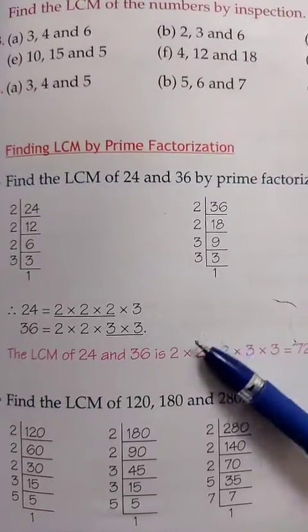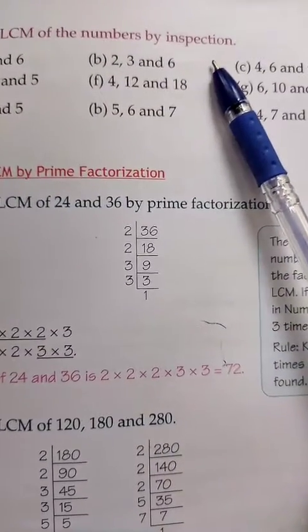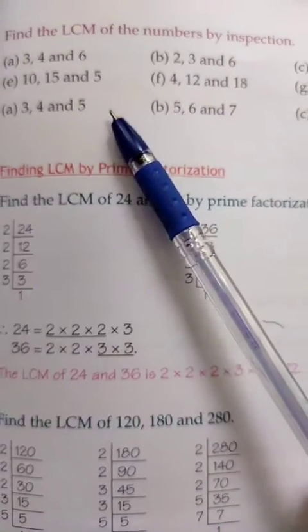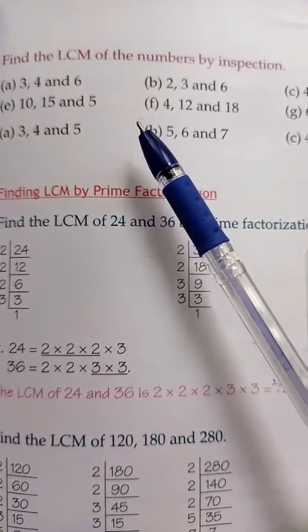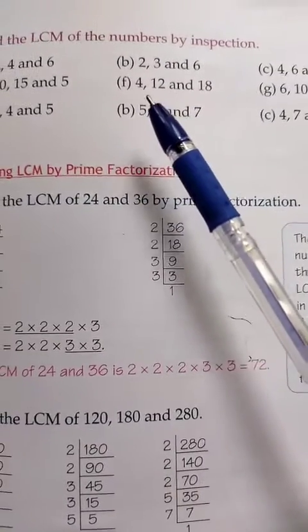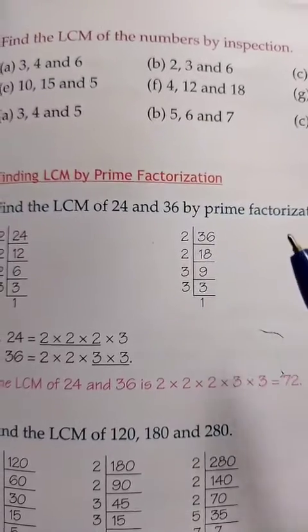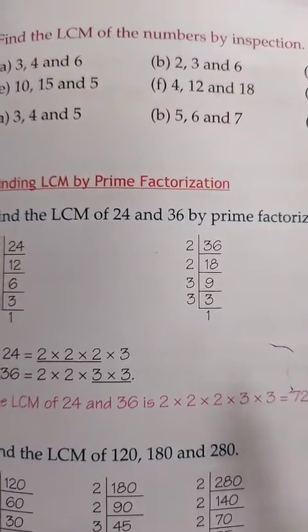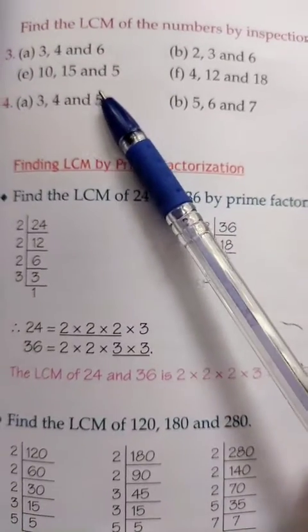Now coming to the next page, find the LCM of the numbers by inspection. In this you have to find the LCM with the help of the inspection method only. In inspection also you have to see the least common number, that means the smallest number which comes in the tables of the given numbers.